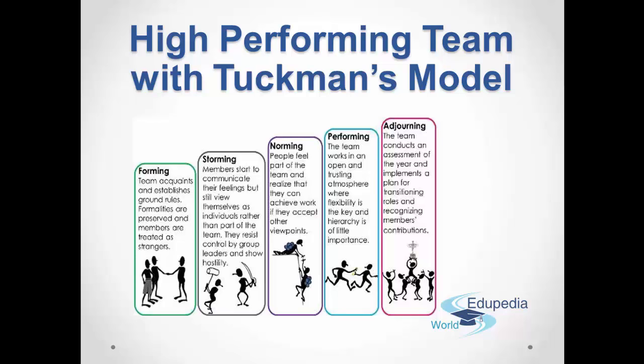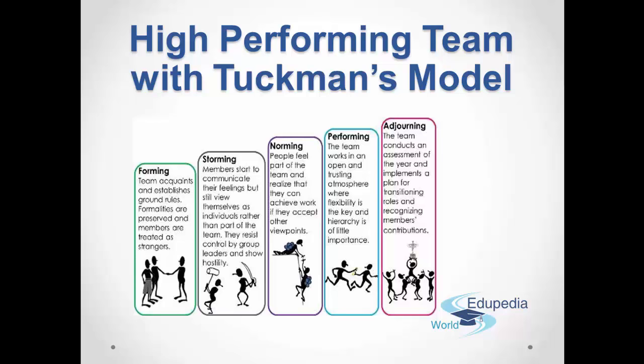Now, how do you use the tool, Tuckman's model? As a team leader, your aim is to help your people perform well and as quickly as possible. To do this, you'll need to change your approach at each stage. To ensure that you are doing the right thing at the right time, you must identify the stage of team development that your team is at.